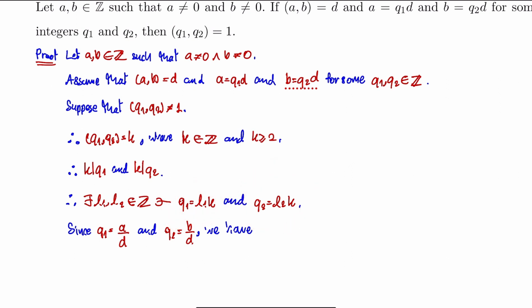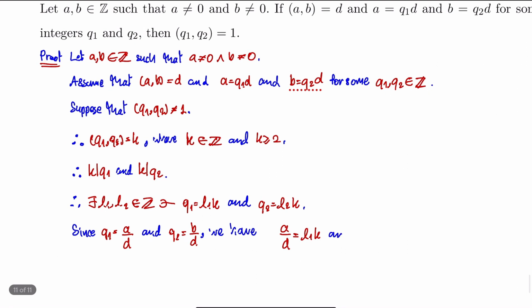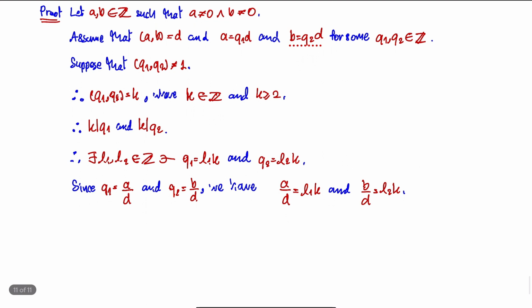We have A over D equal to L1 K and B over D equals L2 K.